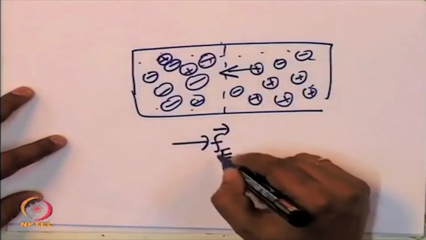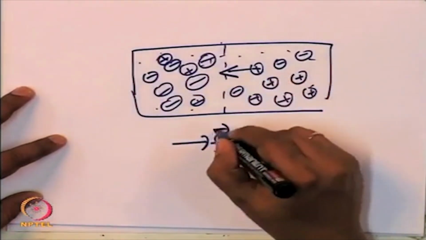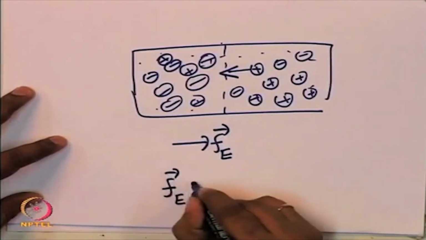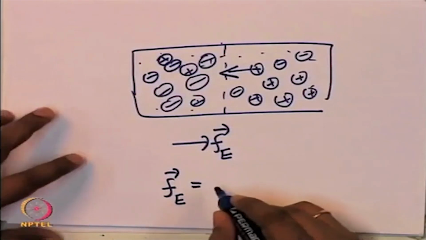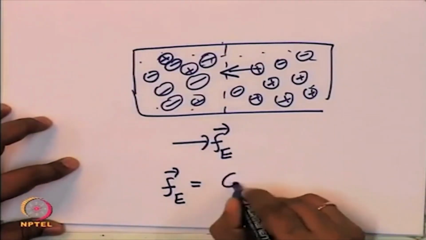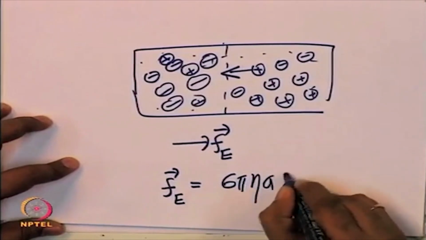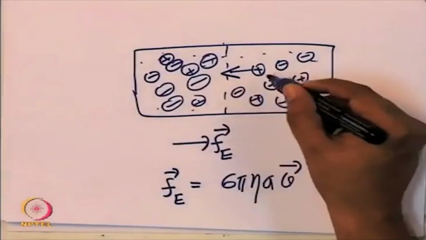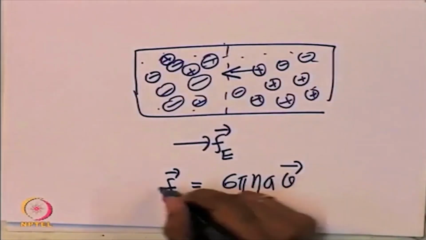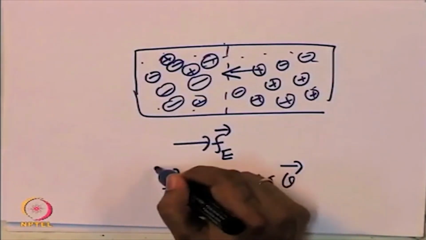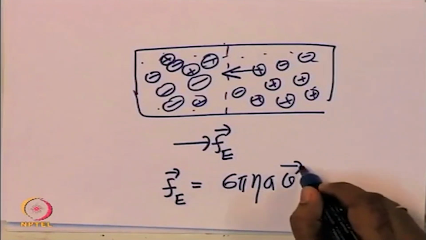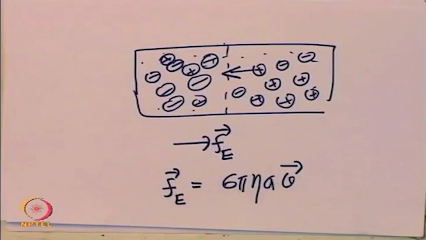Each of these plus ions will be feeling some electrostatic force. For spherical particles, the drag force is 6 pi eta a v, where v is the velocity. So the ion will move with a velocity v given by this formula: F is equal to 6 pi eta a v.